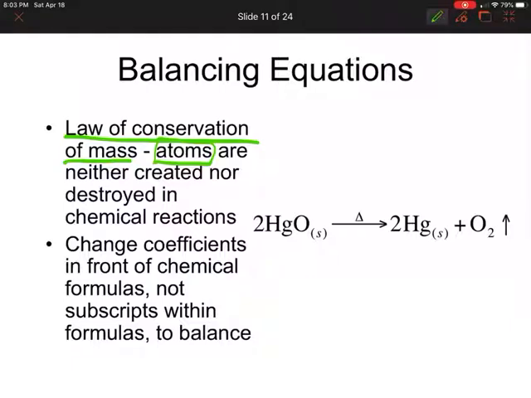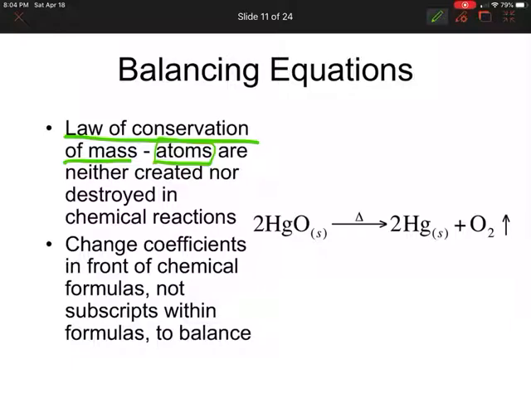You can get into some more extreme sciences that talk about radioactivity and things that cause atoms to become different things, but we don't get into any of that. So I want you to think here that atoms are neither created nor destroyed. There are so many atoms, and that's just what stays.